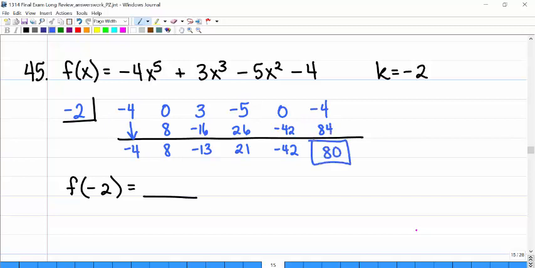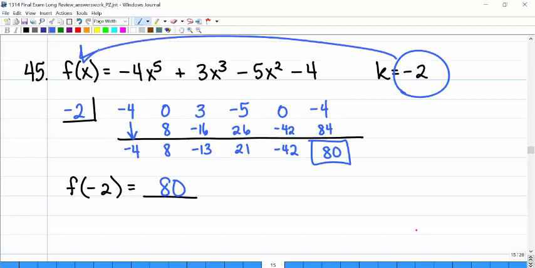Since my remainder is 80, when I synthetically divided -2 into the polynomial, then f of -2 is equal to 80. If you wanted, you could have just plugged -2 in for x. And when you typed -2 into this polynomial, you would get 80.